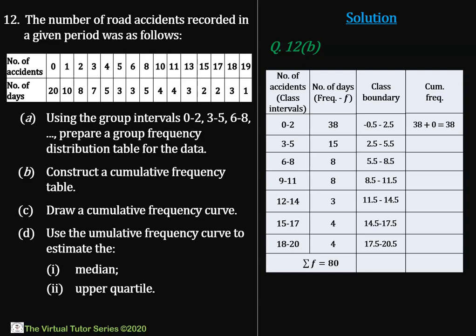Therefore, the cumulative frequency for that class is 15 plus 38, which is 53. So adding this 53 to the frequency of the next class, which is 8, we have 61 for that class, and so on. Note that the last cumulative frequency should always be equal to the total frequency, as observed on the table.